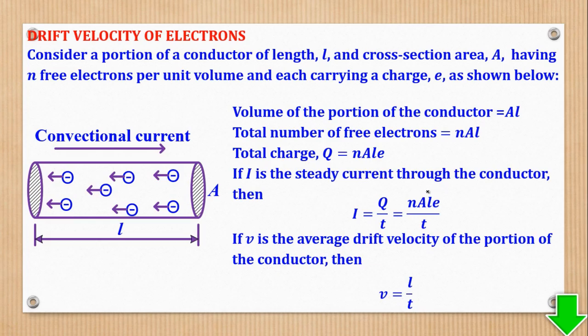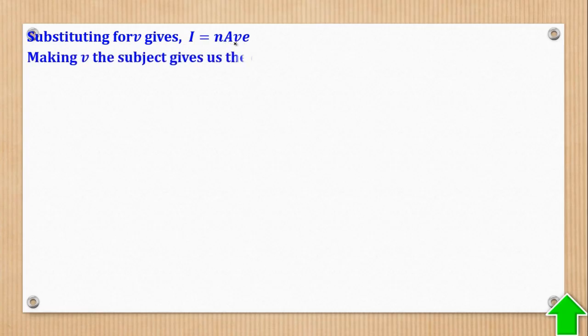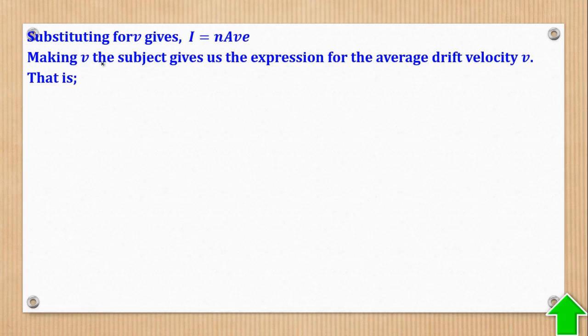And realize that L over t is here. So I'll substitute. Substituting for v gives you I equal to nAve. Where there was L over t, I replace it with v. But remember, they want drift velocity, so I have to make v the subject. So I come up with v equal to I over nAe.